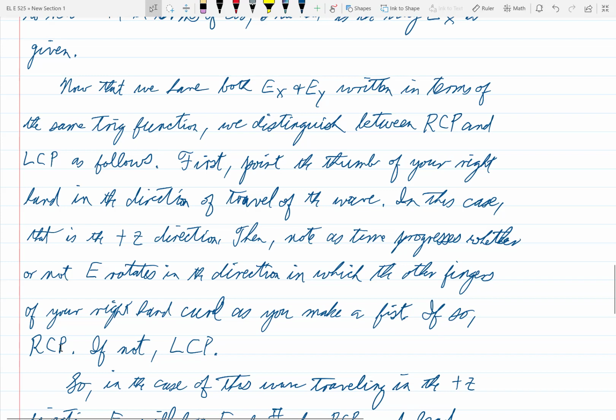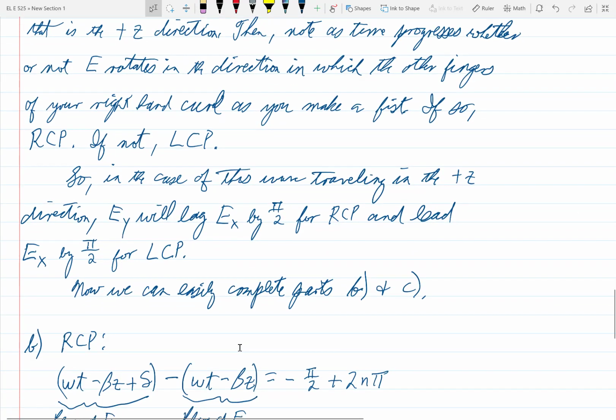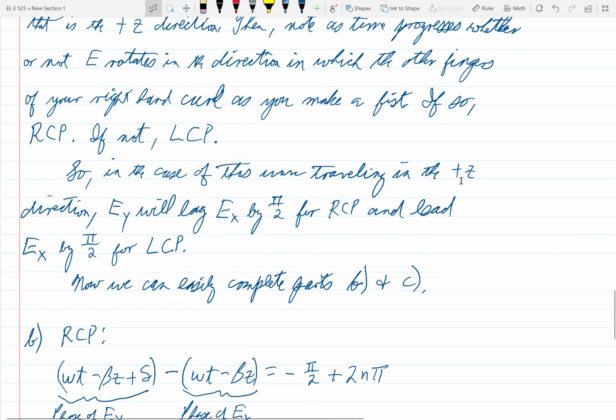If so, you have right circular polarization. If not, you have left circular polarization. It's just that simple. So in this case of a wave traveling in the plus z direction, Ey will lag Ex by pi over 2 for right circular polarization and lead Ex by pi over 2 for left circular polarization. Once we observe that, then we can easily complete the problem.